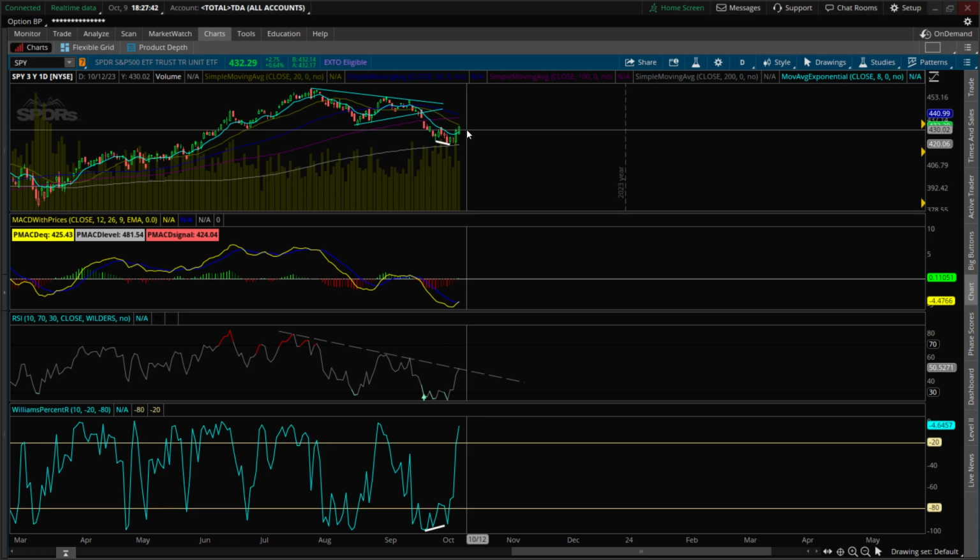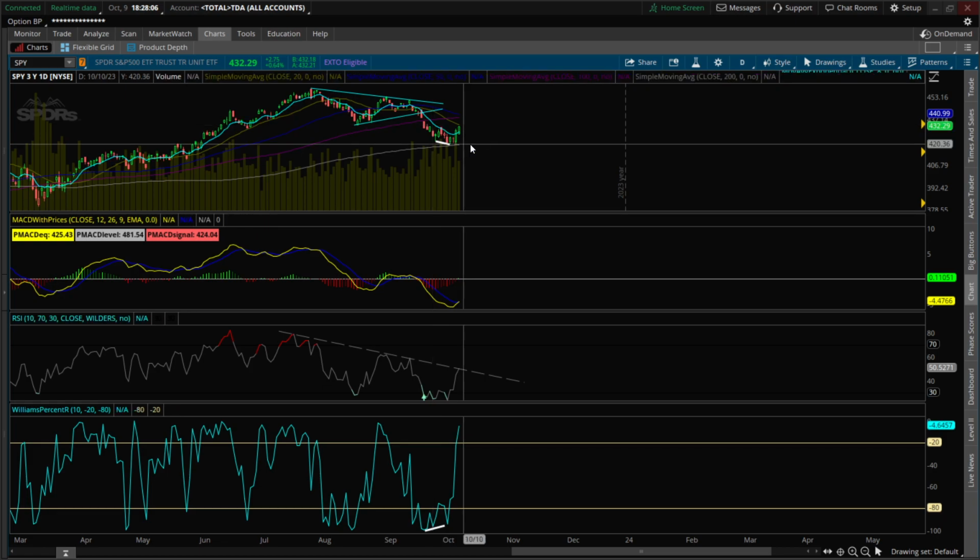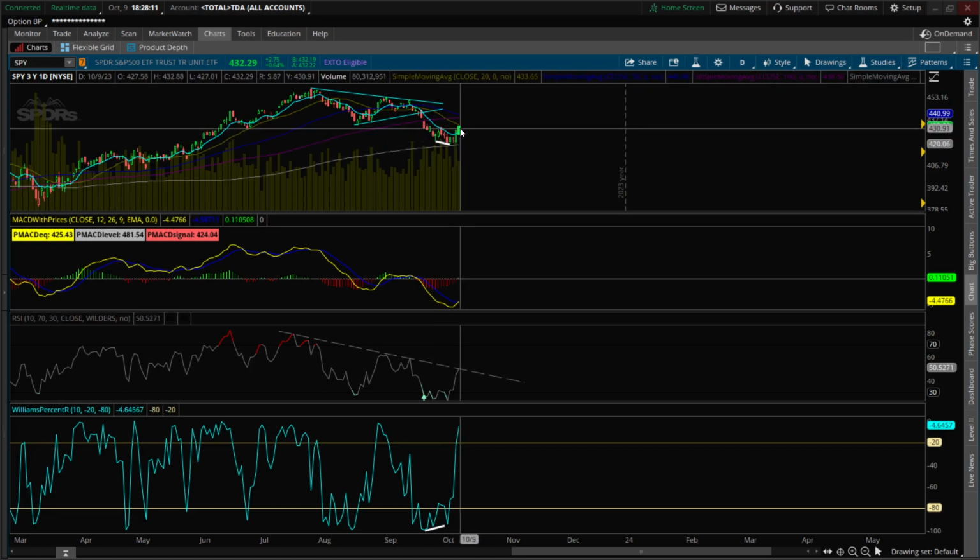We're not quite there yet, so I do think maybe we gap up or get into tomorrow into that 20 simple moving average and try to get above it, but perhaps reject off it, giving us a tail candle. That's something that I'm looking for. If we continue to have bars rising, then I think we have something else happening. But my primary count that I talked about in this weekend's video is a bounce.